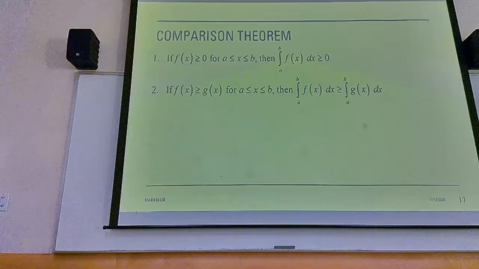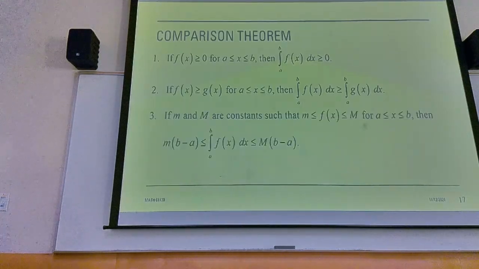If f of x is greater than or equal to g of x over the interval a to b, then your integral of f is greater than or equal to the integral of g. Again, think about it geometrically. That makes sense. And finally, you have 2 constants, little m and big M, that serve as bounds for the values of f.